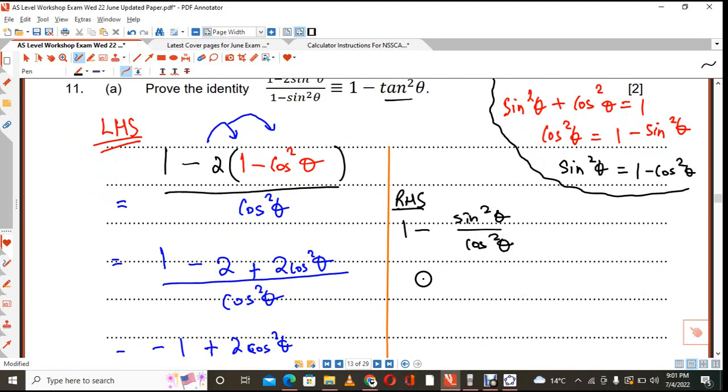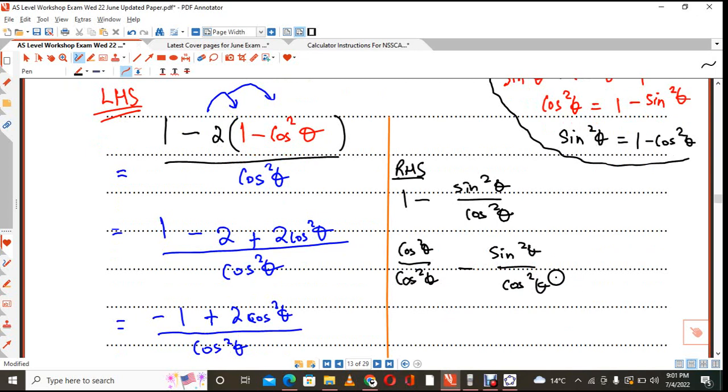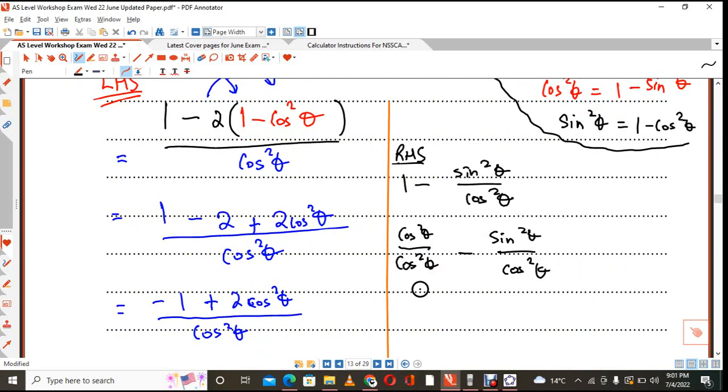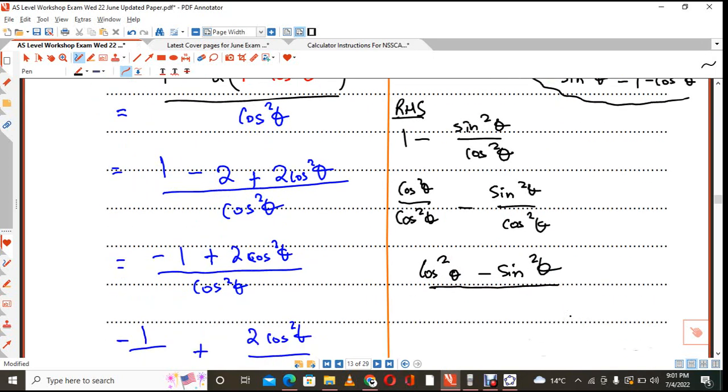Okay, common denominator, so that's going to be 1 over 1, so it's going to be cos square theta over cos square theta minus sin square theta over cos square theta. You can also do that if you want to. Okay, and then what you have on top there is cos square theta minus sin square theta, all over the same denominator, and the denominator is cos square theta.